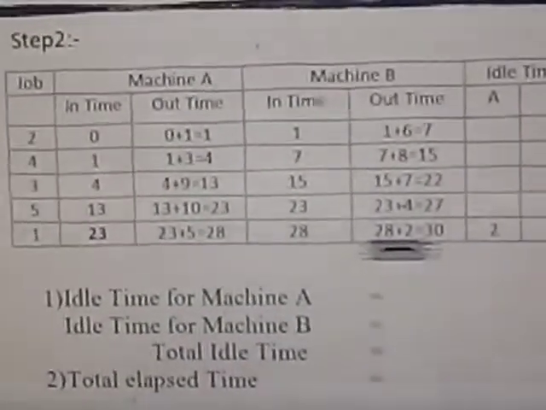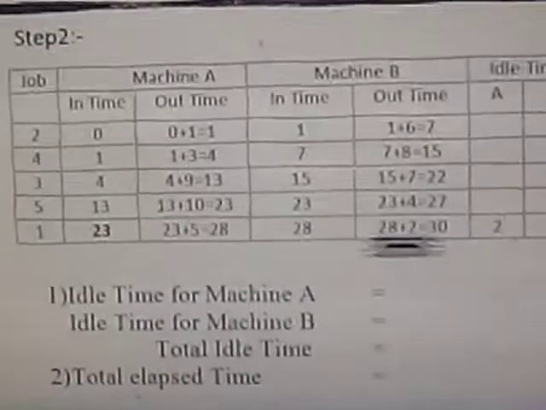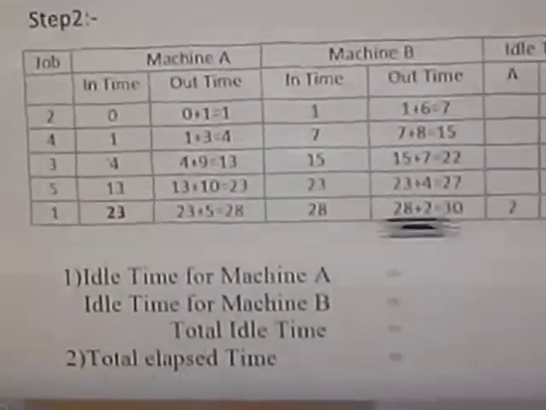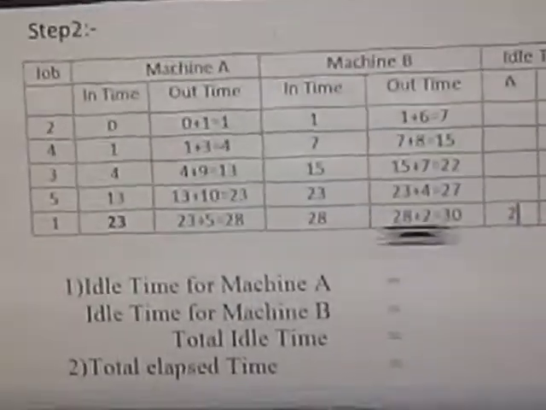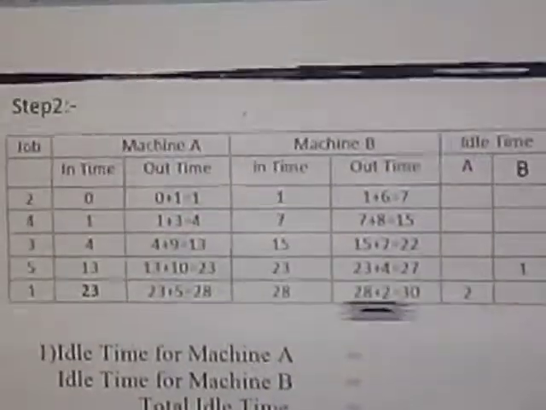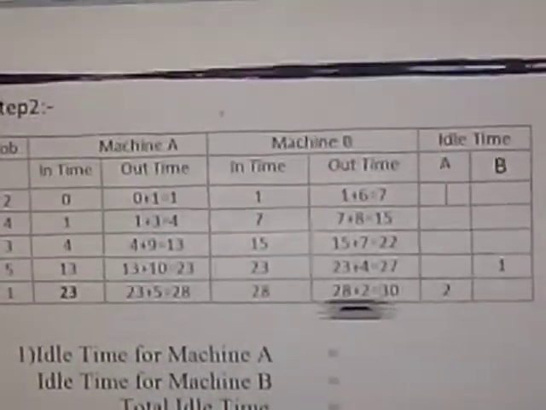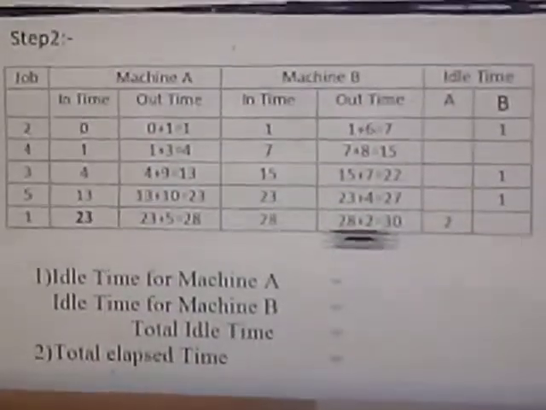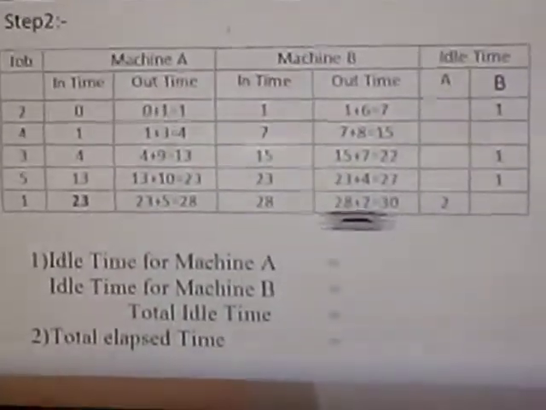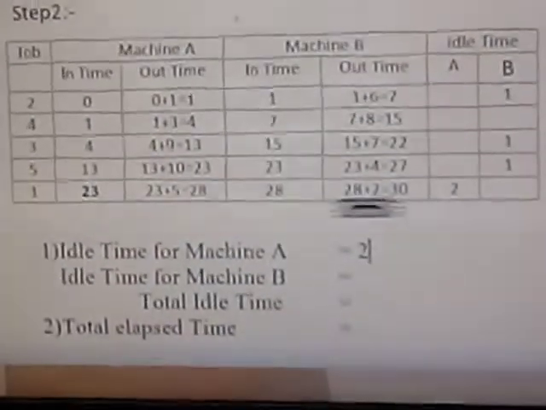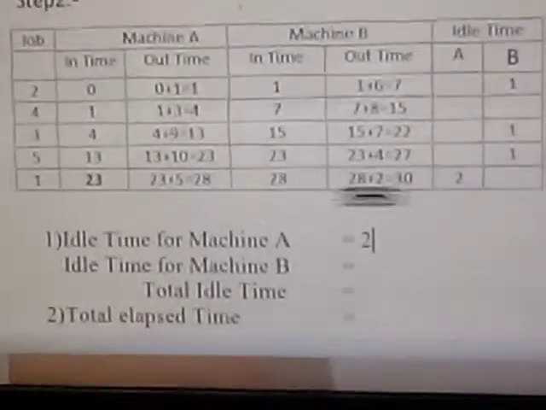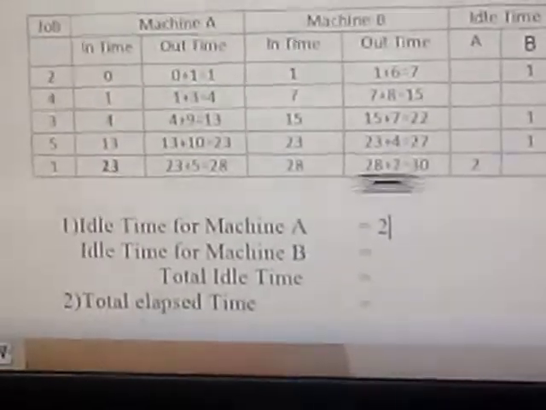Now machine B started after 1 hour, so write the 1 hour in machine B as idle time. So the idle time for machine A is 2 hours, and the idle time for machine B is 3 hours.